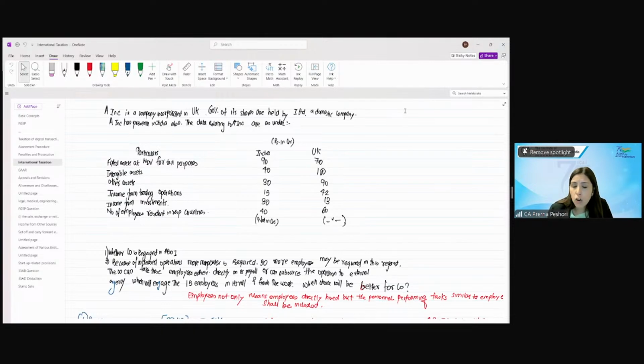What is the meaning of employees under the guidance given by the CBDT? The condition is that not more than 50% of the employees should be situated or resident in India. But what is the meaning of employees?